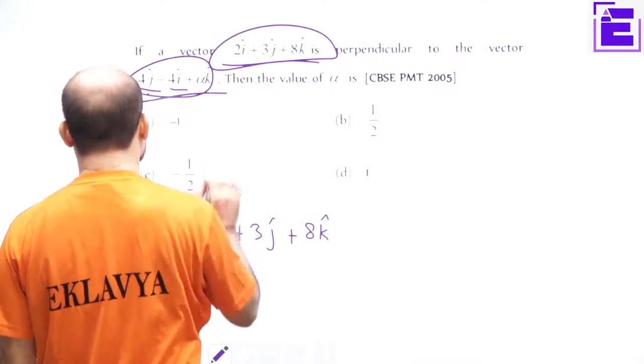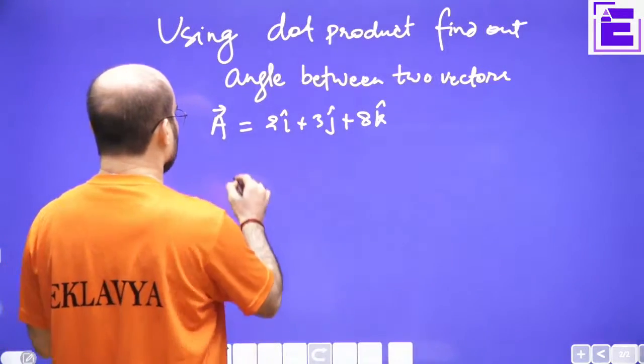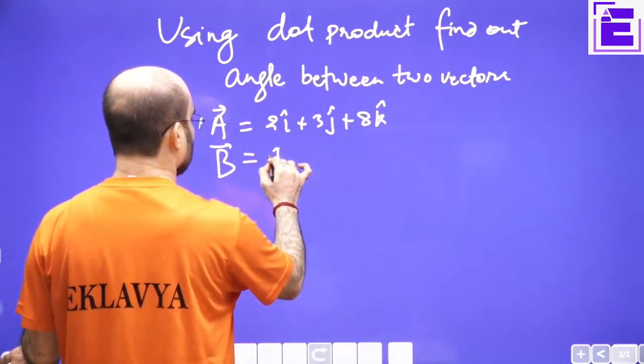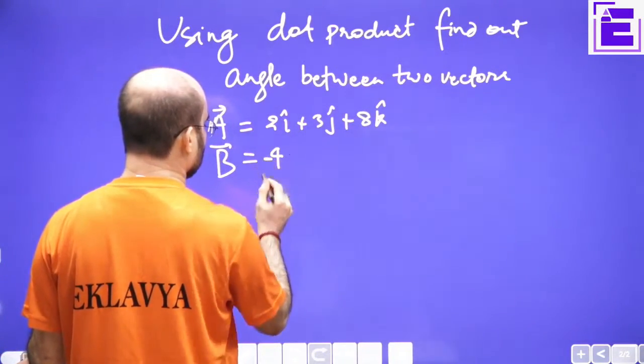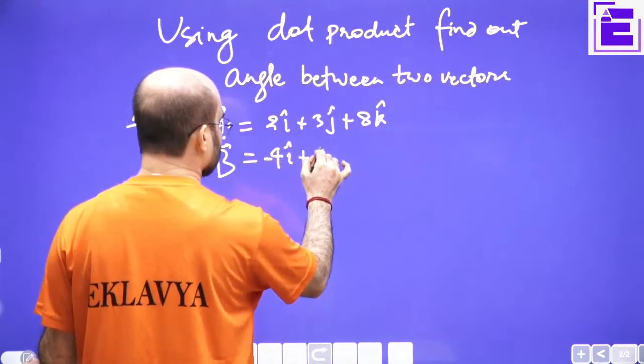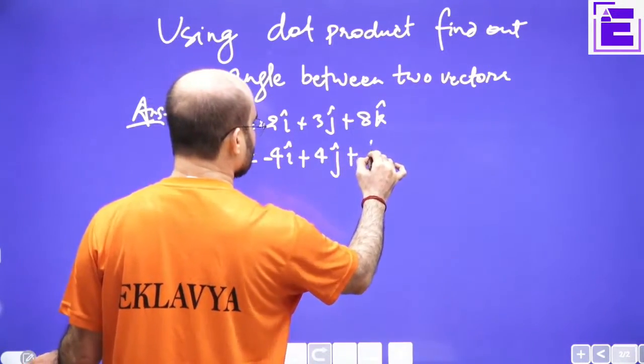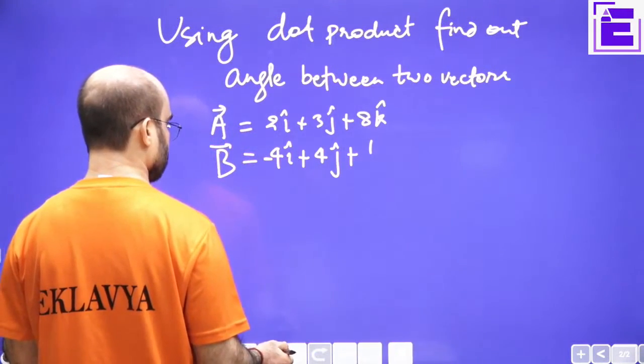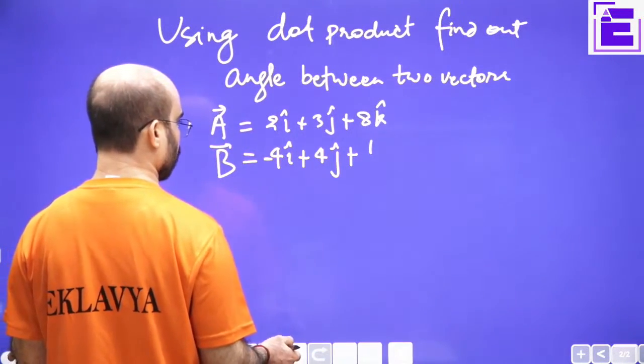Now B equals, let's say, minus 4i cap plus 4j cap plus, what is it going to be?